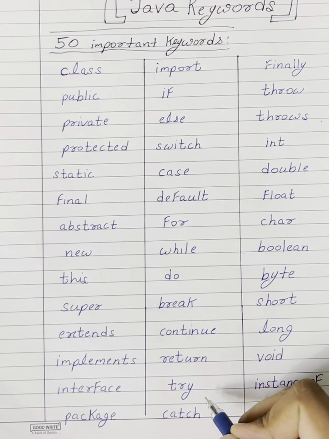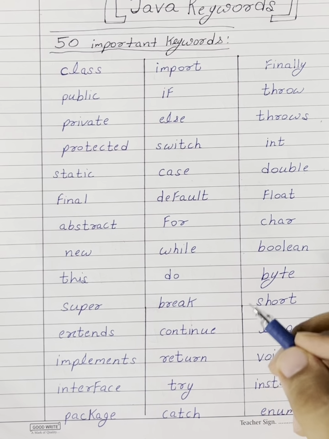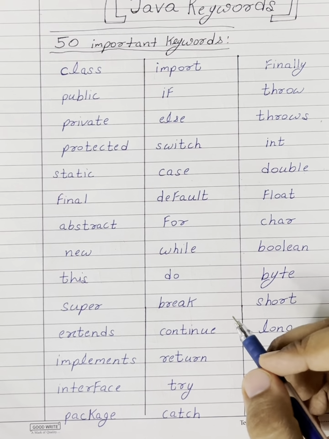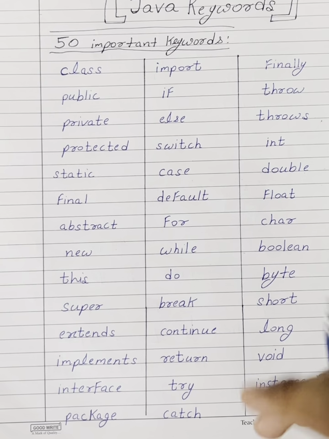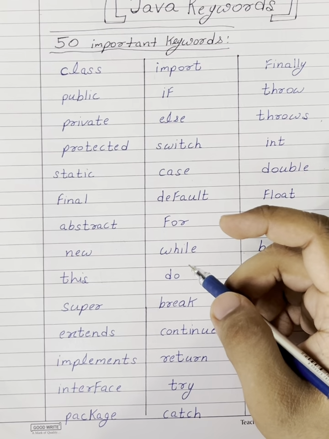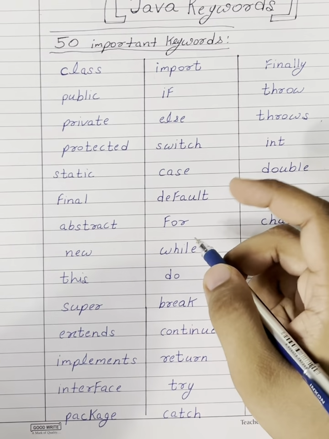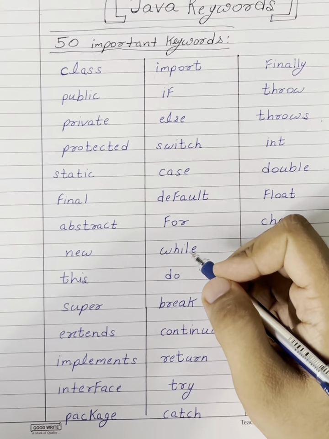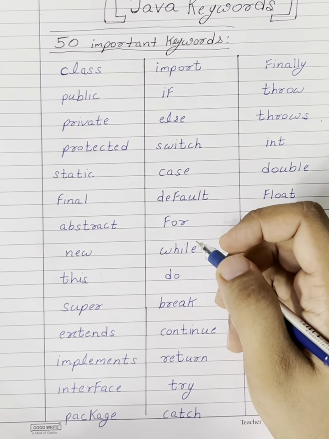So next is the try keyword. This try keyword, guys, is used to define a block of code that may generate an exception during program execution. Statements that have the potential to cause a runtime error, such as file operations, array access, or division by zero, are placed inside the try block.